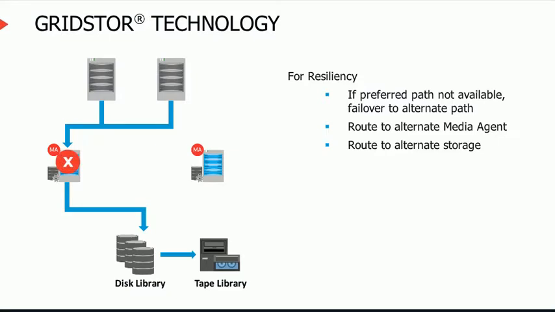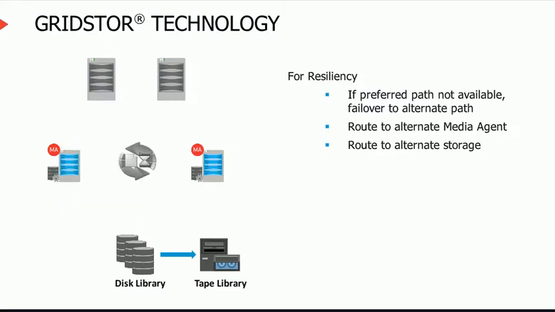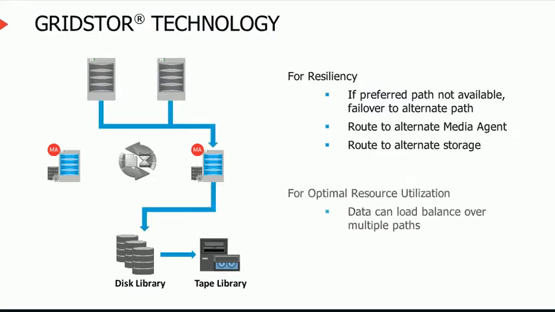In the event that a data path becomes unavailable, data could be routed over the alternative path, preserving operations. Designs can also be created that leverage GridStore to maximize resource utilization and load balance between data paths when required.